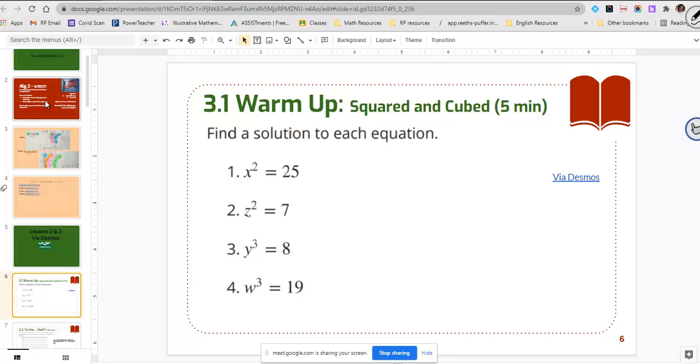On this page, I'd love for you to draw a couple of pictures. We're going to start thinking about what these look like visually. So we're going to draw a picture next to numbers 1 and 2, and I'd like you to draw this picture with me. We're going to draw a picture of the graph of what x squared would look like.